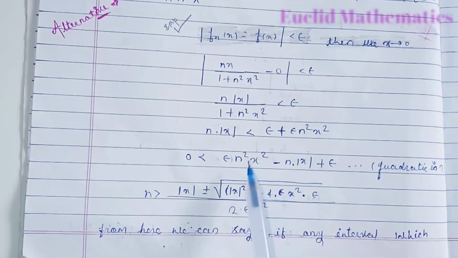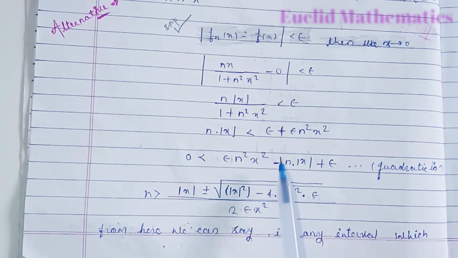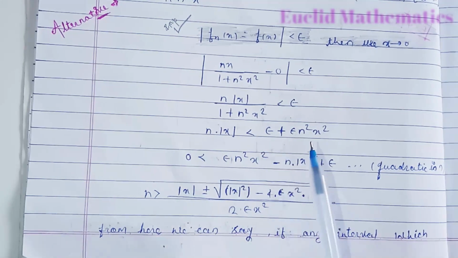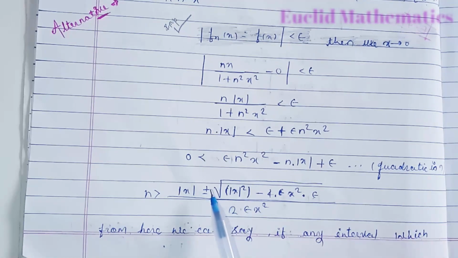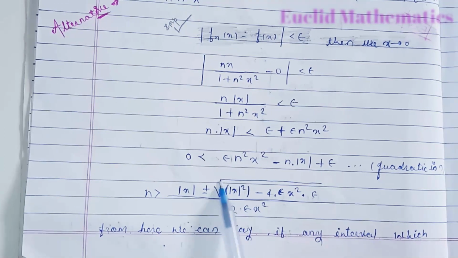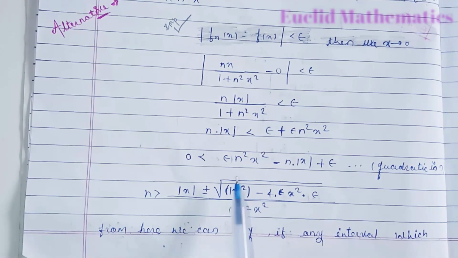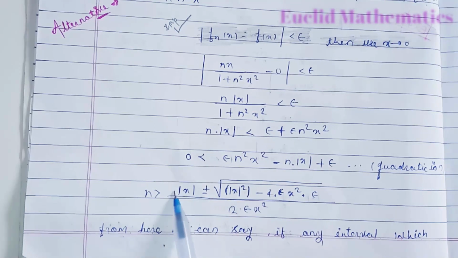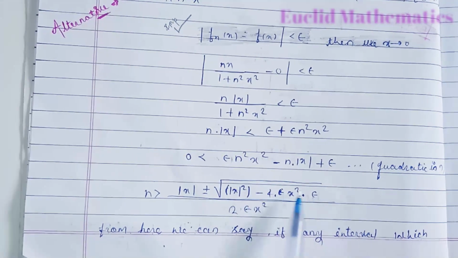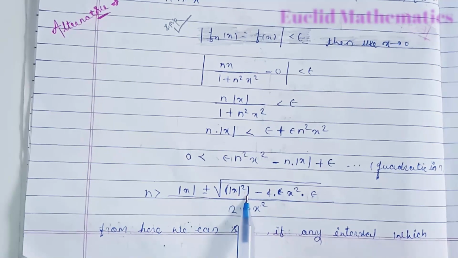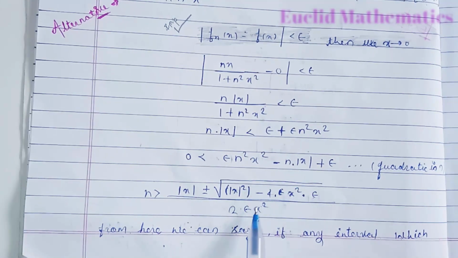For finding the root of a quadratic equation, we always worry about the discriminant, because the discriminant is the only value which tells us whether the roots are real or imaginary. For finding the root of any quadratic equation ax square plus bx plus c, we always use minus b plus or minus square root of b square minus 4ac, upon twice a. This is the result.